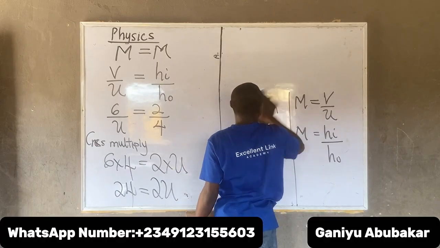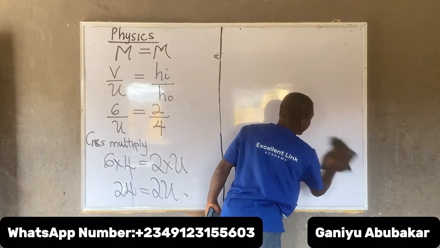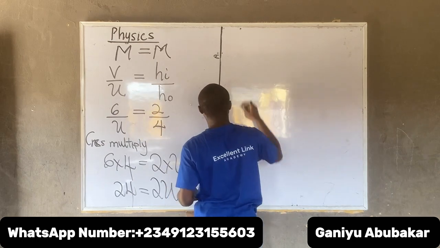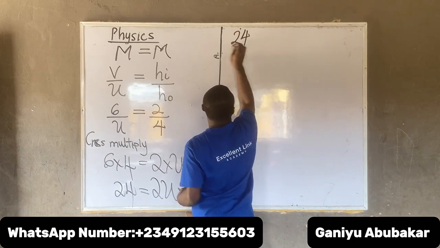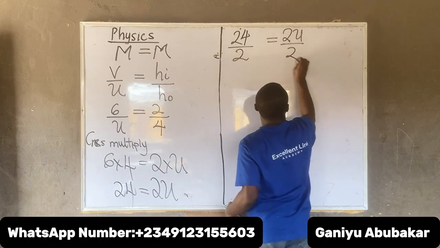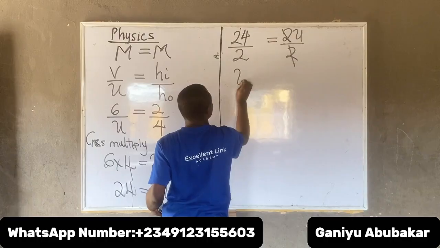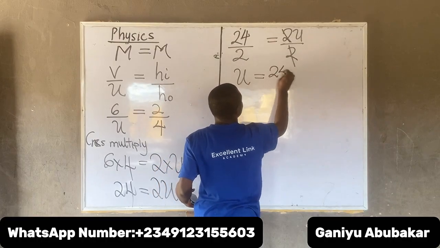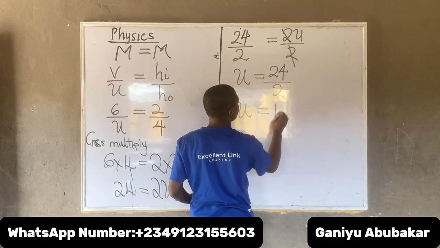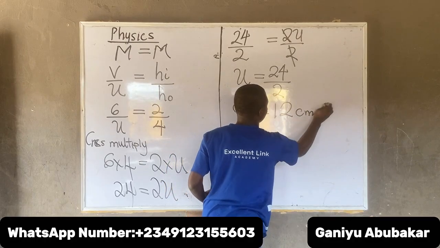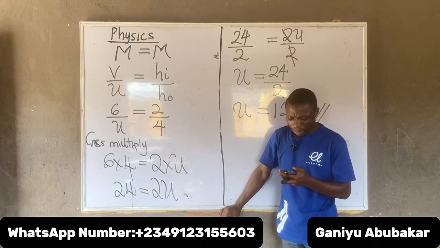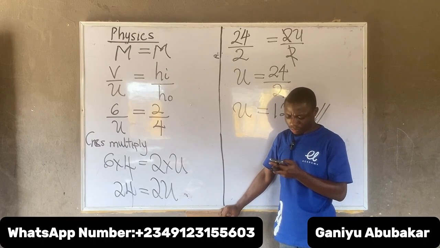Divide both sides by 2 to get the value of U. 24 over 2 equals 2U over 2. So let's cancel this. So I'm saying that U is equal to 24 over 2, and U is equal to 12 cm. This is the value of U in this particular question.